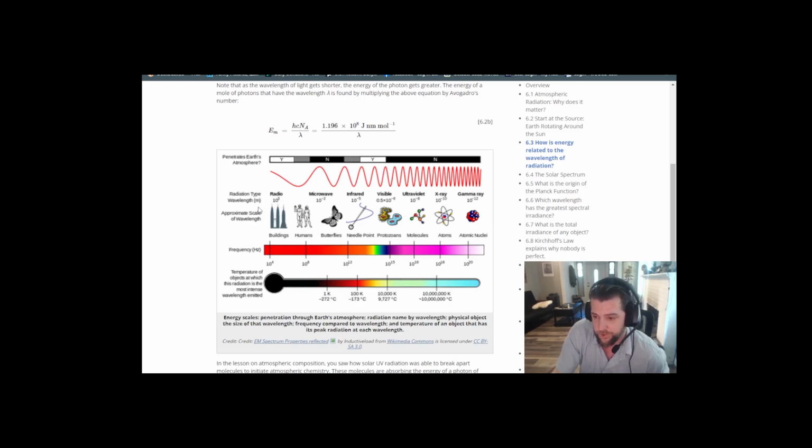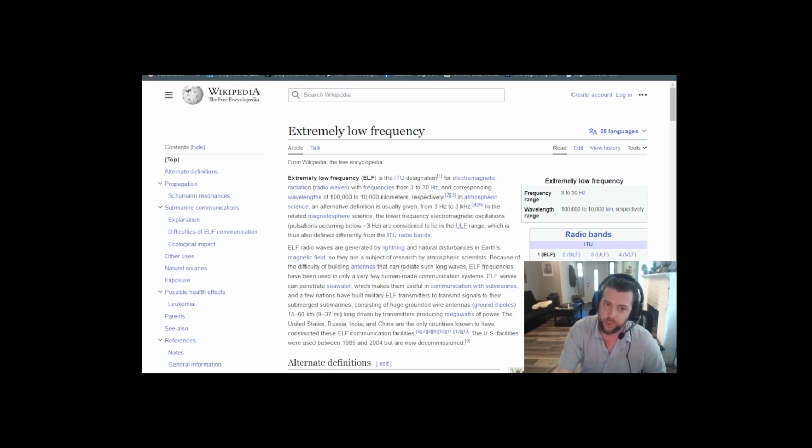So it looks like, according to this graph, I don't know if this is exactly accurate or not, but I'm sure it's close enough to point us the right direction. So there is a lower wavelength than the radio waves. There are extremely low frequency, is what they're called. And this goes from about 3 hertz to 30 hertz. So it's very, very low.